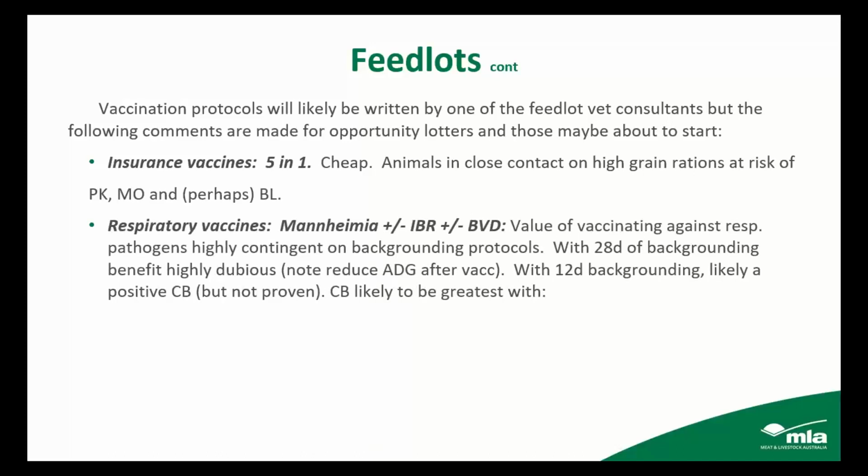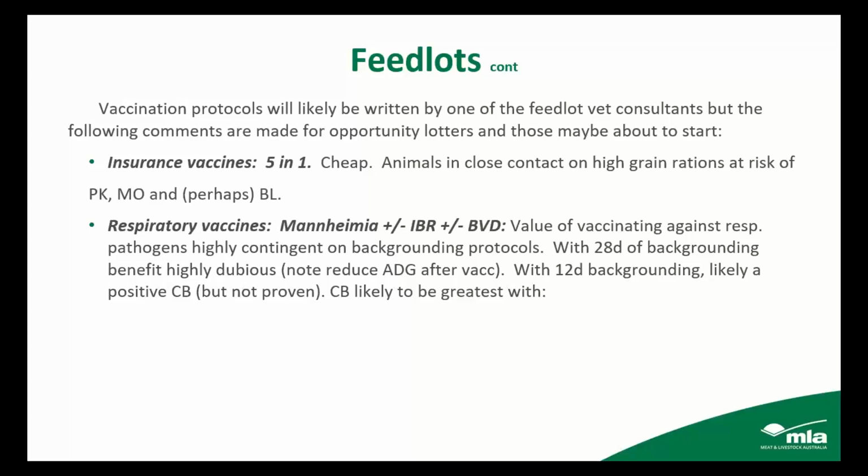Now, here's the interesting one. Respiratory vaccines: Mannheimia, which is a bacterial infection, plus or minus infectious bovine rhinotracheitis, which is a viral infection, plus or minus BVD, which is a systemic infection.